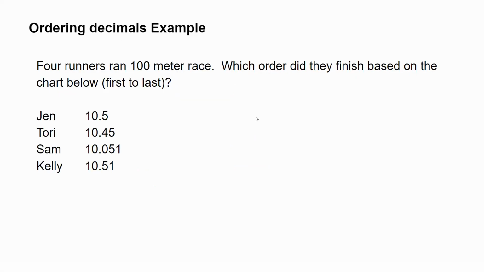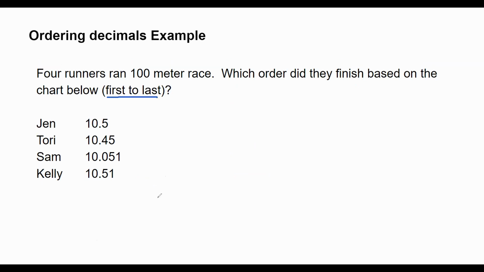Now here's an example where we need to compare four numbers. Four runners ran a 100-meter race. Which order did they finish based on the chart below? And we're listing the order from first to last. Look over your list. We see that there's 3 values to the right of the decimal here. So let's give them all 3 values.